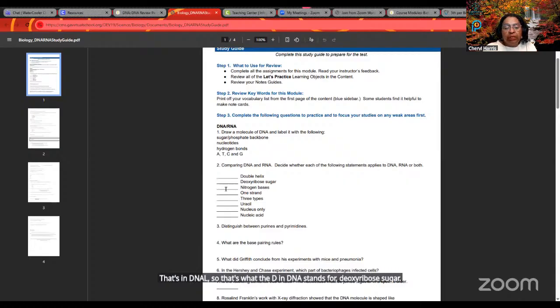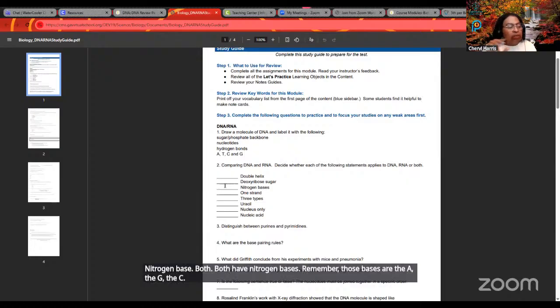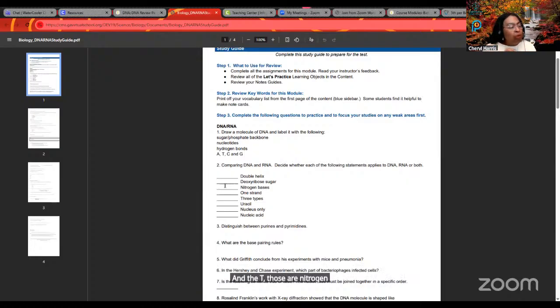Nitrogen base, both. Both have nitrogen bases. Remember, those bases are the A, the G, the C, and the T. Those are nitrogen bases. You have them on both RNA and DNA. The only difference is RNA has uracil instead of thymine, but both. So we have DNA, both.